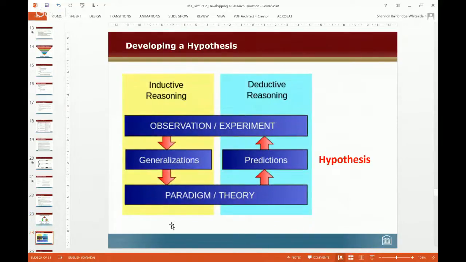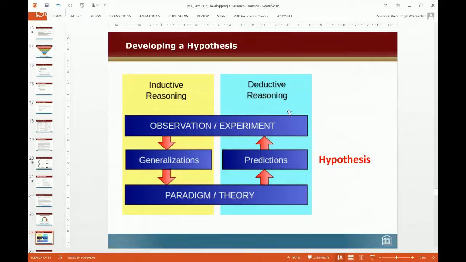So I mentioned earlier that in some cases, hypotheses are not part of the scientific process. Some types of experiments don't actually have a hypothesis. And that really depends on the reasoning that's used to drive the research.